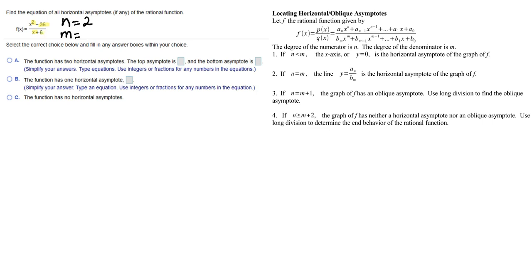And the power on x here, there is no x, so we say it has a power of 0. So for the denominator, the degree would be 1. Now looking at that, we can see that n is going to be 1 more than m. So that puts us into this third case, and in that case, we don't have a horizontal asymptote. So there is no horizontal asymptote for this example.